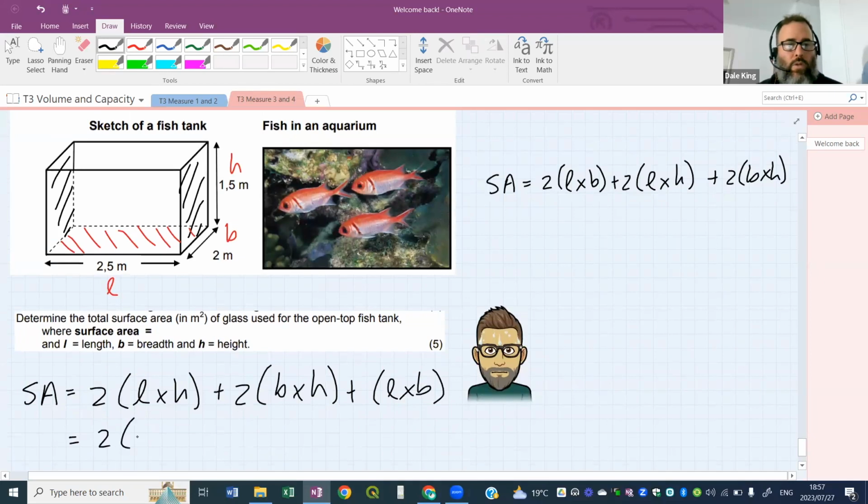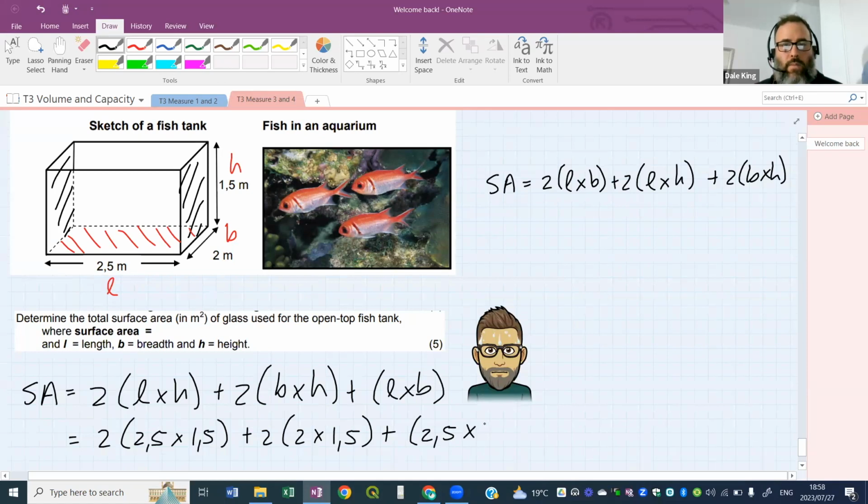So it's 2,5 times 1,5, and it's 2 times 1,5. And then I don't need 2. I just need a 2,5 times 2. Because there's no top to the tank, you don't put a 2 in front of that last bracket. You just need 1, the base.